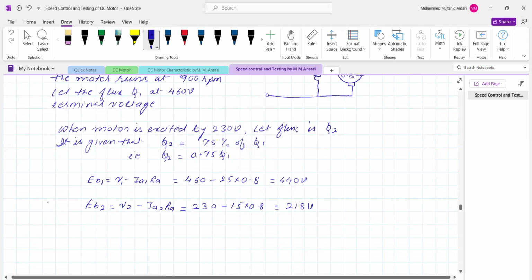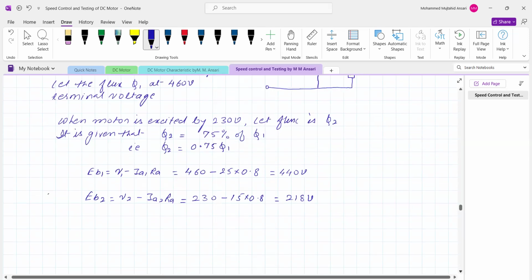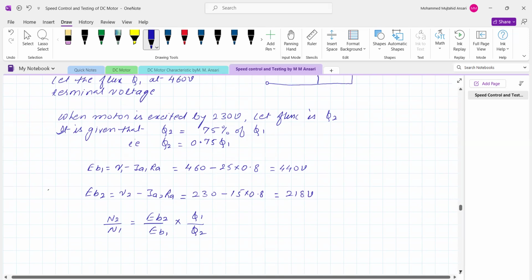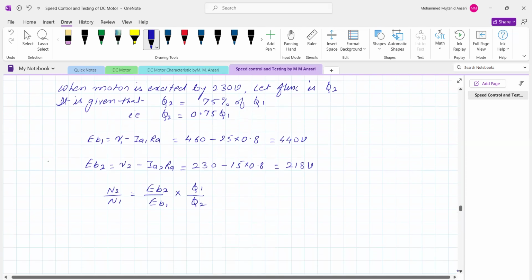Now for the DC shunt motor, N2 upon N1 is equal to EB2 upon EB1 into phi1 upon phi2. So N2 is equal to N1, we will put the value of speed here.